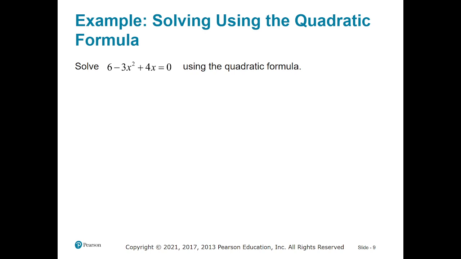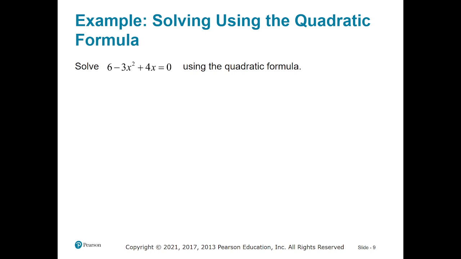This equation isn't in that order. So I can reassociate, and I'm going to move the 6 to the opposite side of the 4x, but still on the same side of the equal sign.